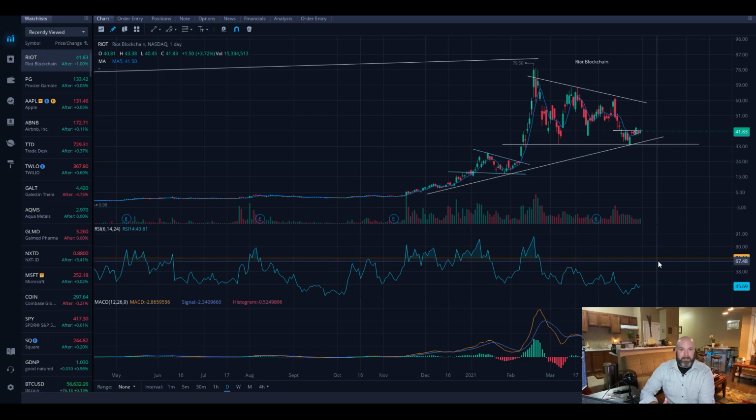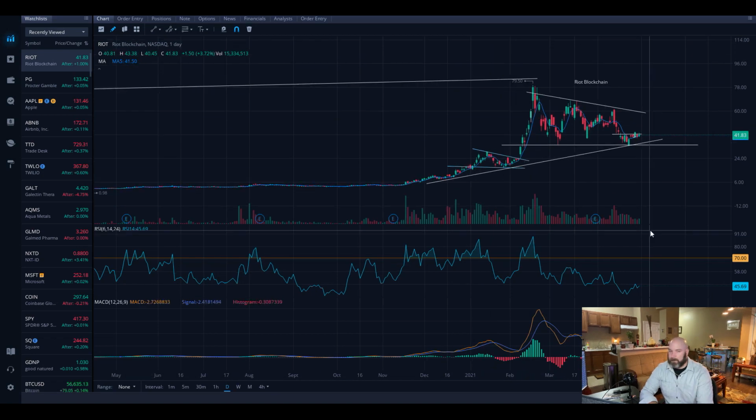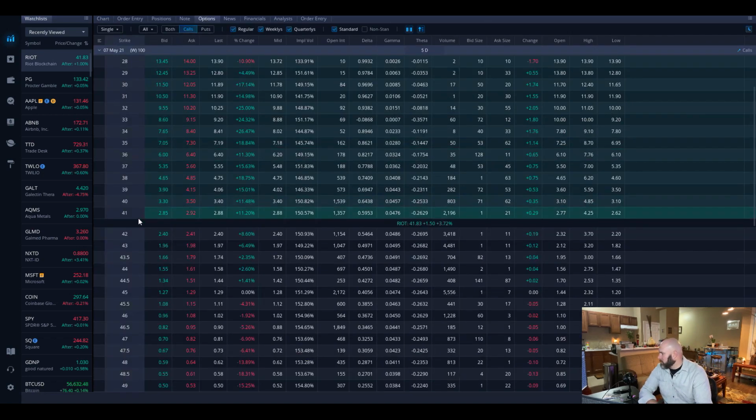So you may ask, why is that important? Why it's important is implied volatility is factored into the cost of the premium, okay? So Riot is $41.83 for the stock, all right? And an option on this, let's just say, slightly out of the money, $41 call, $43 call. These are $200 for one option for a $41 stock.